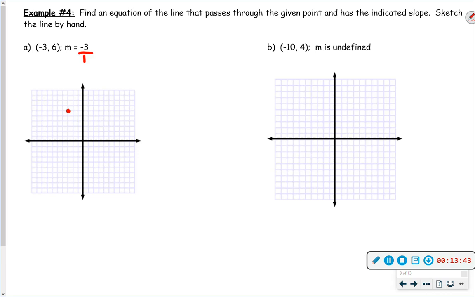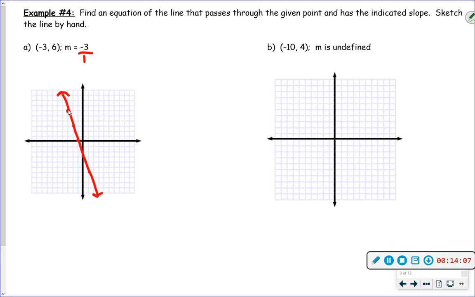And I'm going to put several points on because I want to try to draw it as straight as my drawing skills will let me. So I'm going to go down 3, right 1. Down 3, right 1. Got it. Down 3, right 1. Why not? One more. Okay, let's draw it. Now, with hardly any work, I can get to that equation of the line right now.